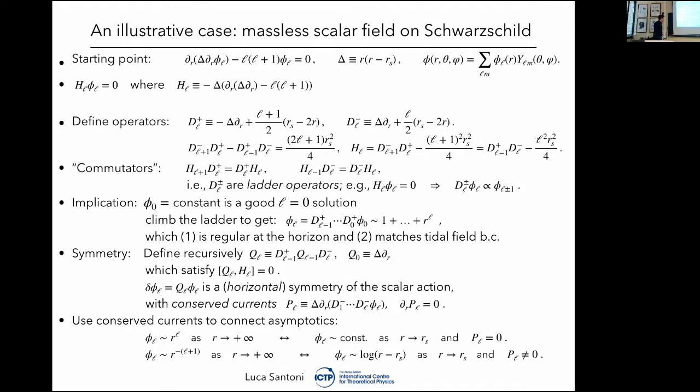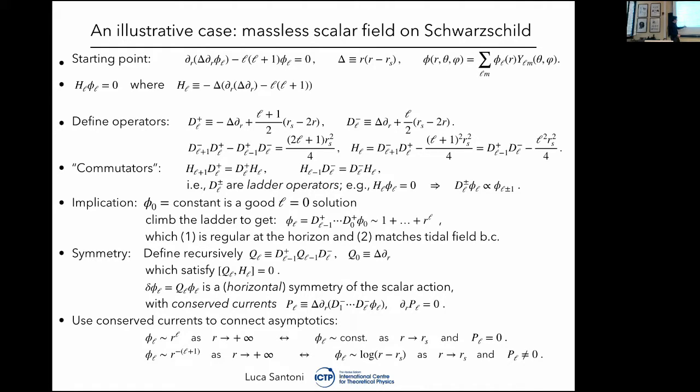In the following sense, imagine that I start with a solution, let's consider here L equals 0. Very far away, we know what the two possible profiles are far away from the black hole, right? There is r to the L and r to the minus L plus 1. But let's consider this one, that with L equals 0, is 1 over r.